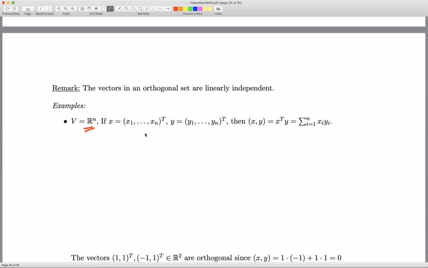So in these two operations, the set Rn satisfies all the axioms of a vector space.